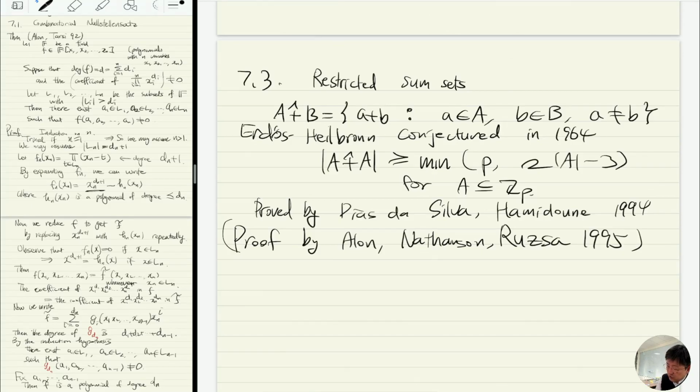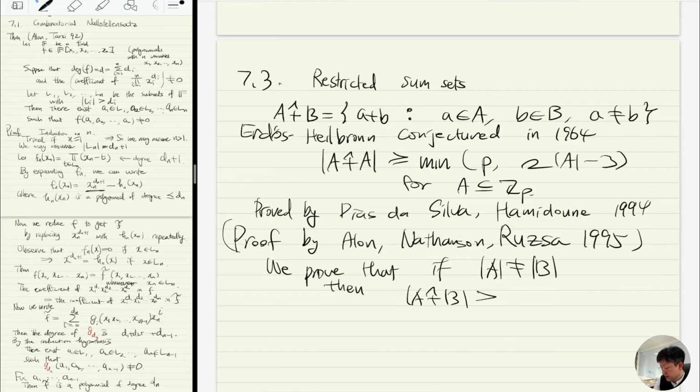All right, so we prove that if A is different from B, then the size of A hat-plus B is at least the minimum of p and size of A plus size of B minus 2.